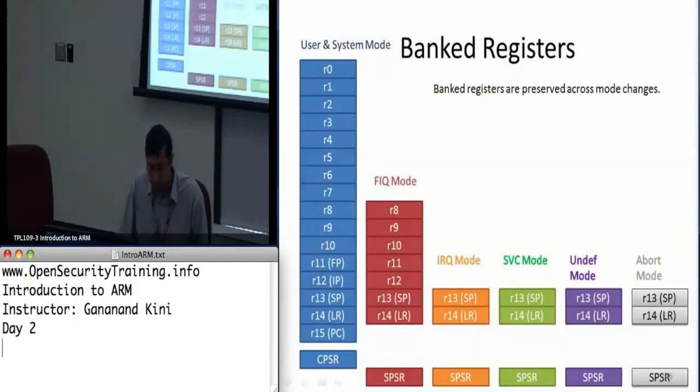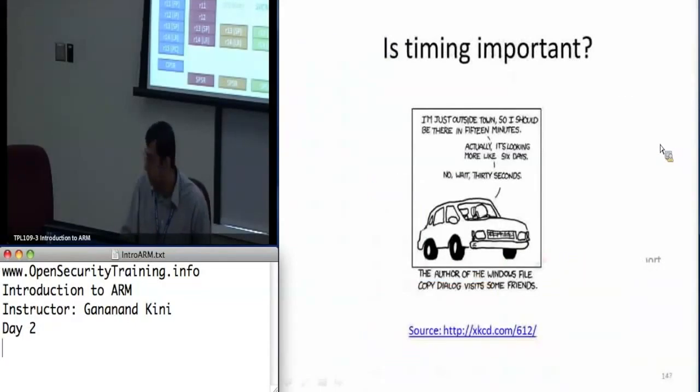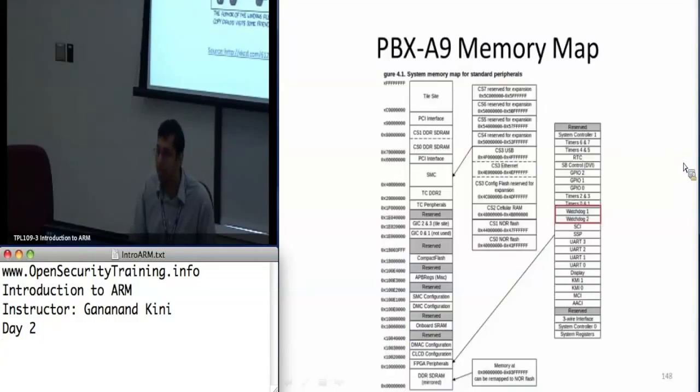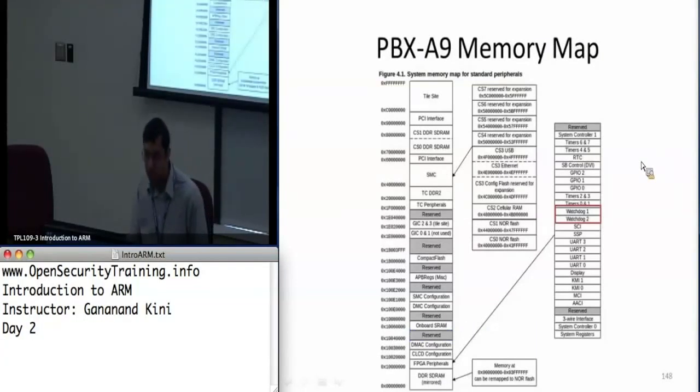So, with that being said, I'm going to talk a little bit about timing. Why is timing important? If you remember our memory map from a couple slides ago, we have two hardware registers that include something called a watchdog timer.